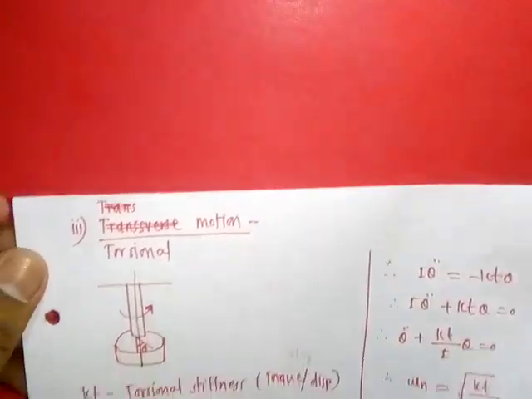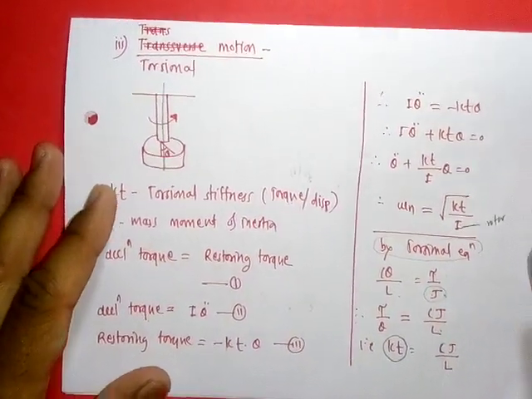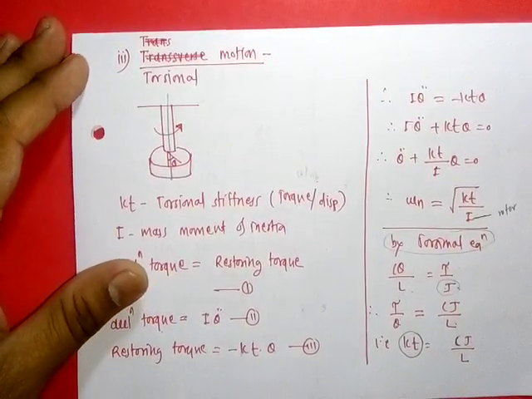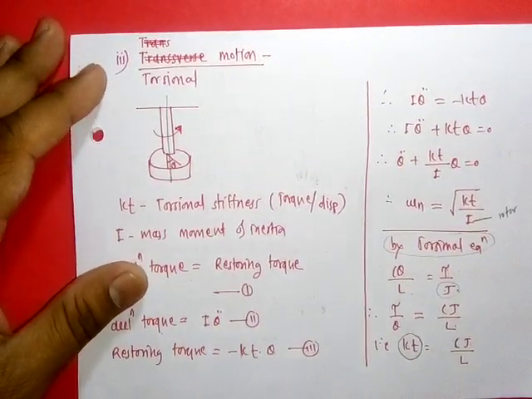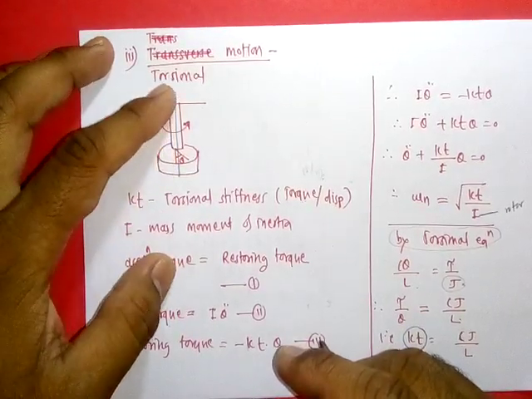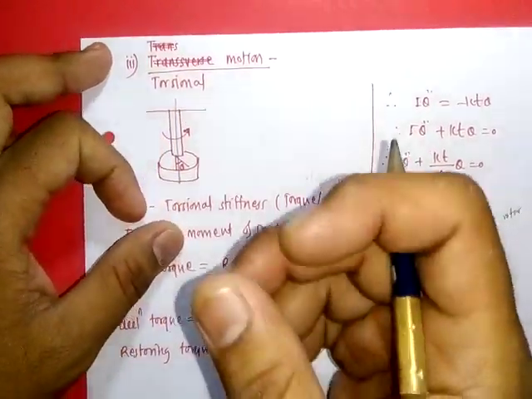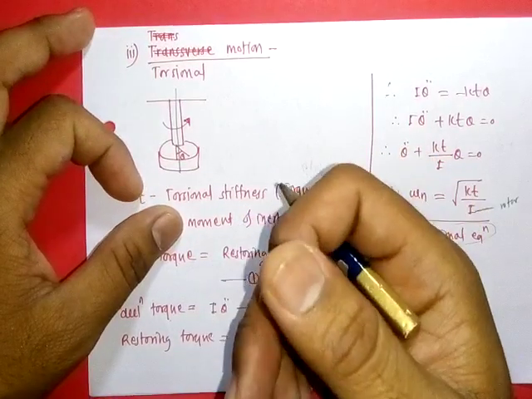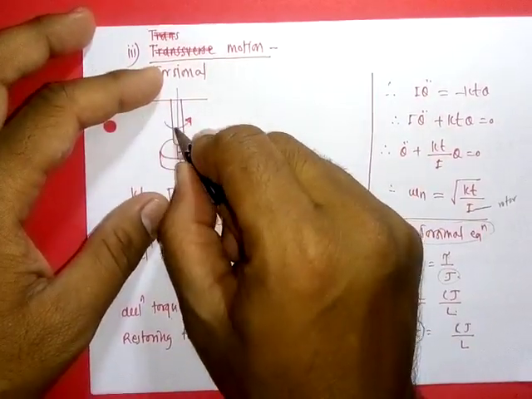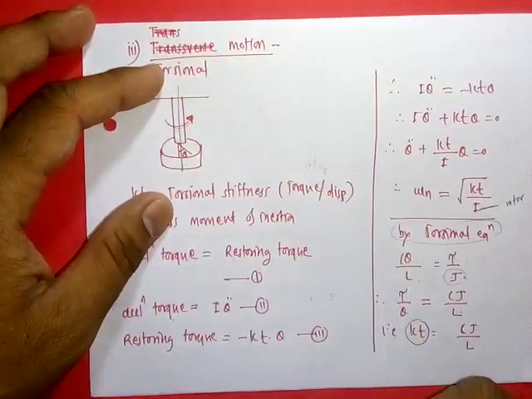Then the next system is torsional vibration. In case of torsional vibration, there is one rotor attached to a shaft, and when we move this rotor in a clockwise or anti-clockwise direction, it will start vibrating to and fro.